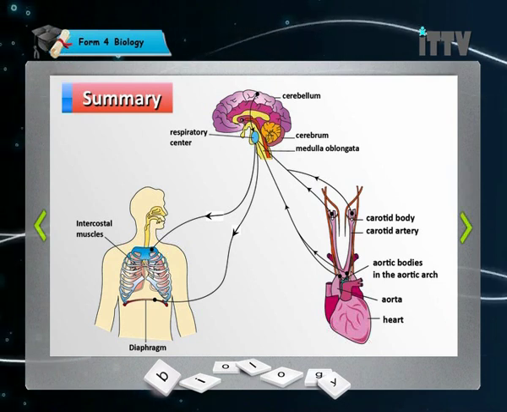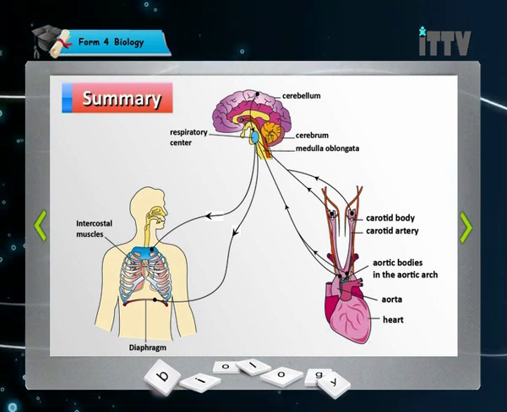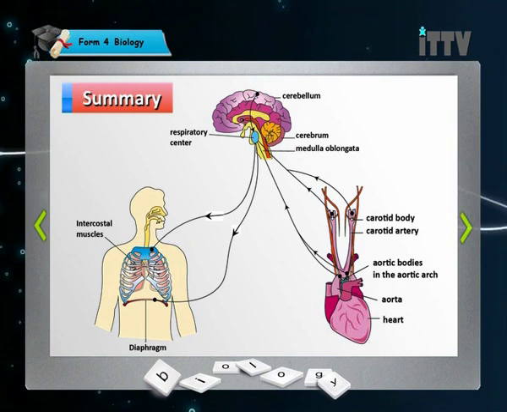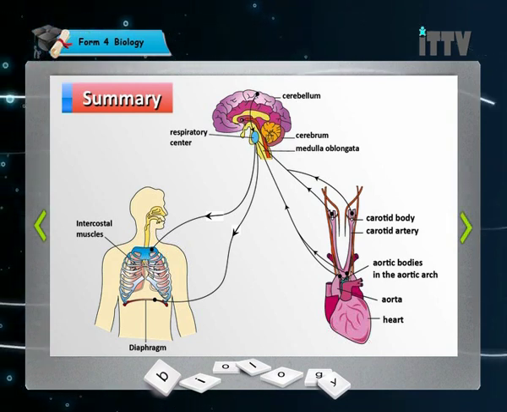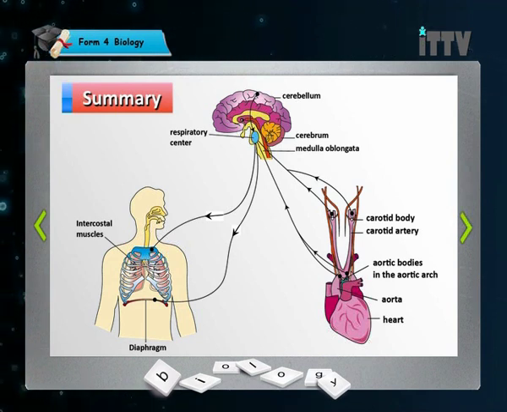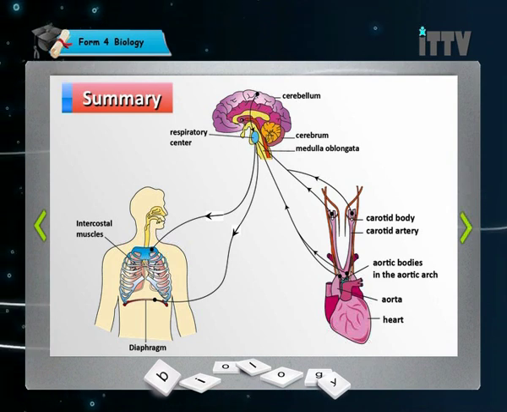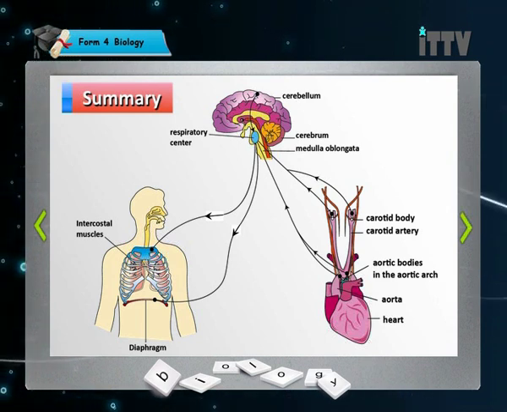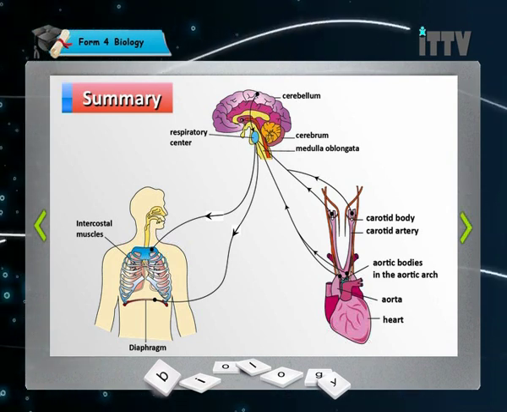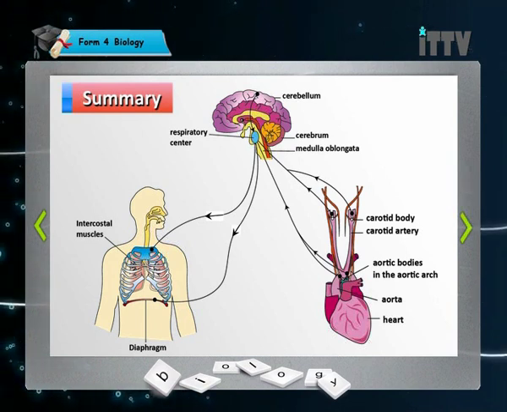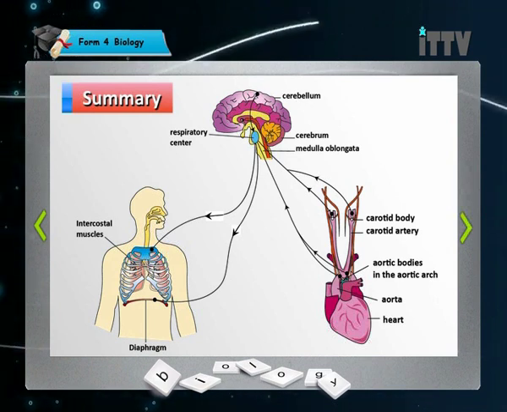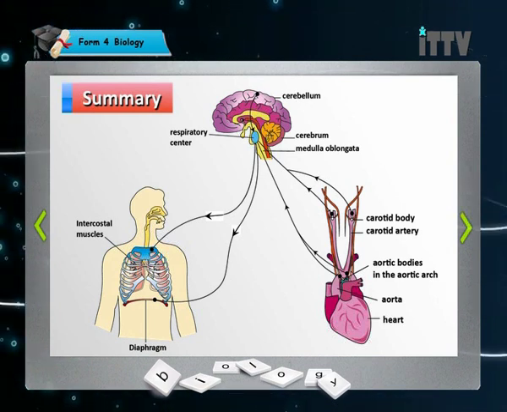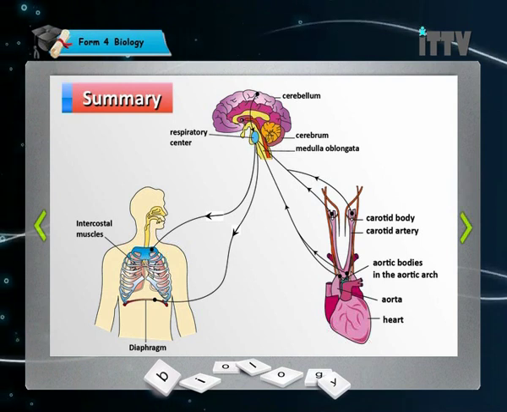The respiratory center then carries out a response by sending out impulses or electrical charges to muscles found in the respiratory system, such as the internal and external intercostal muscles and the diaphragm. Upon receiving impulses from the respiratory center, the intercostal muscles and the diaphragm contract and relax at a higher rate, thus causing the rate of breathing to increase.